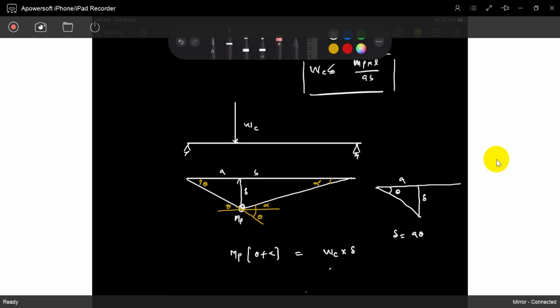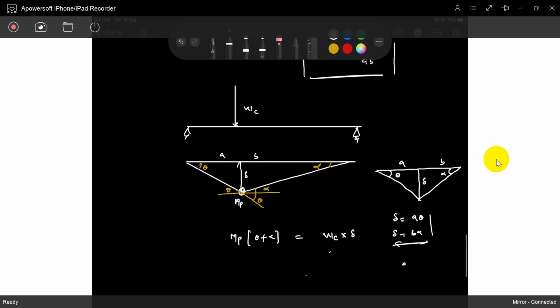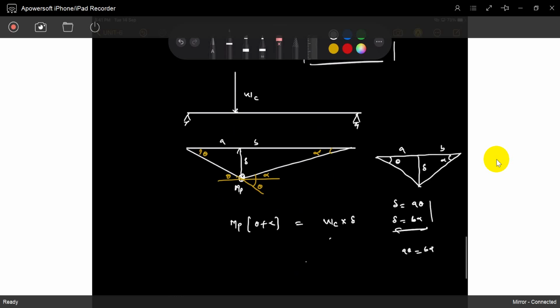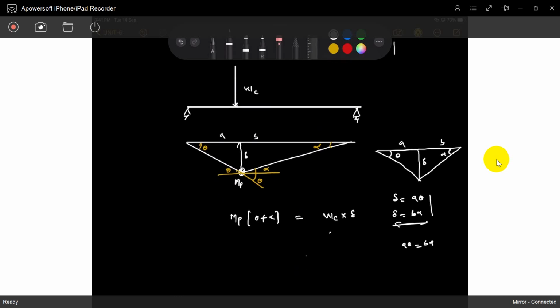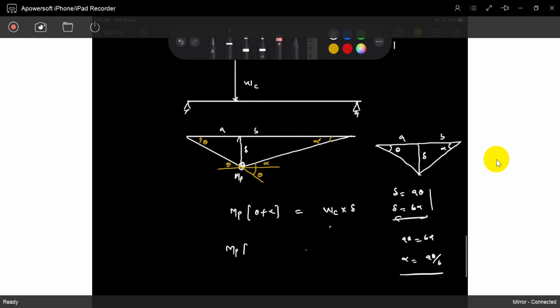In the same manner, this is alpha, this is B. Delta is B into alpha. So A theta is equal to B alpha. Understood? So alpha is equal to A theta by B. Alpha in terms of theta, theta in terms of alpha, you can write it either way.